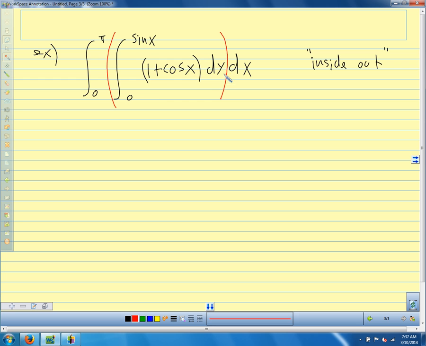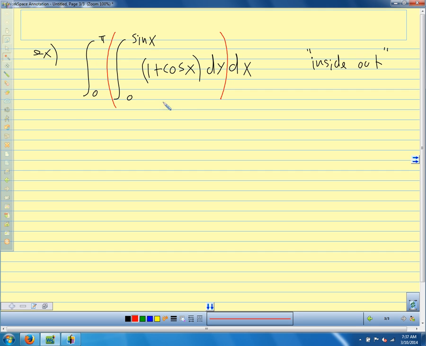I evaluate this integral with respect to y, I end up with a function of x, and then I'm going to evaluate the integral of the result with respect to x. Our inside limits of integration are constant with respect to the inside integral. Our outside limits of integration are constant with respect to both variables.